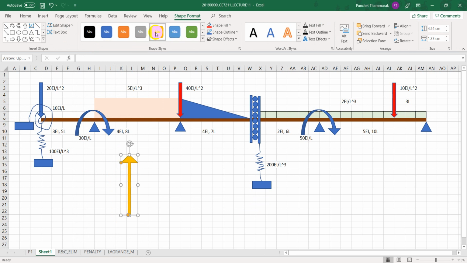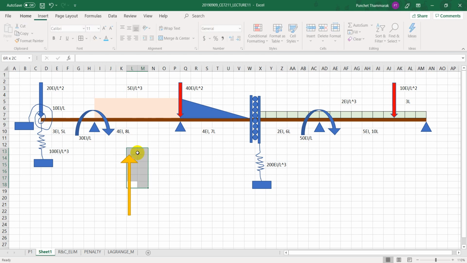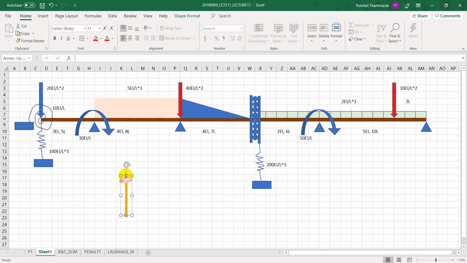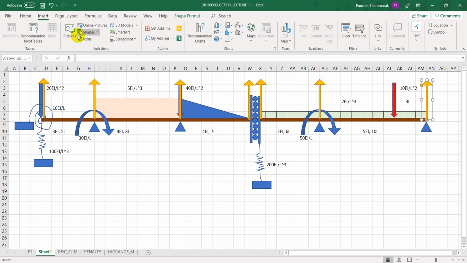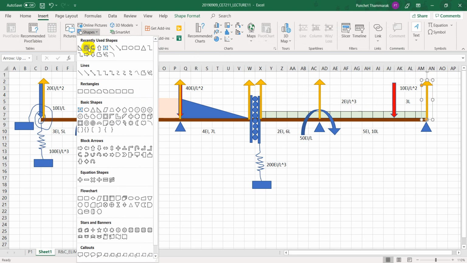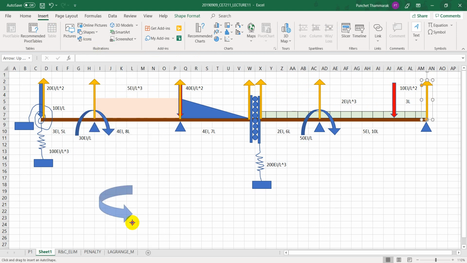First, degree of freedom. Here and there and there and there, and I'll give you this one.